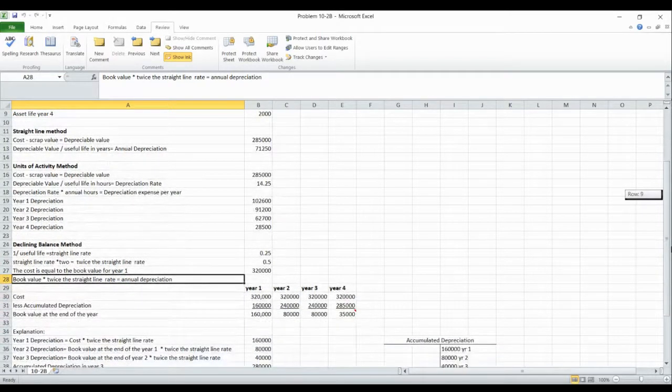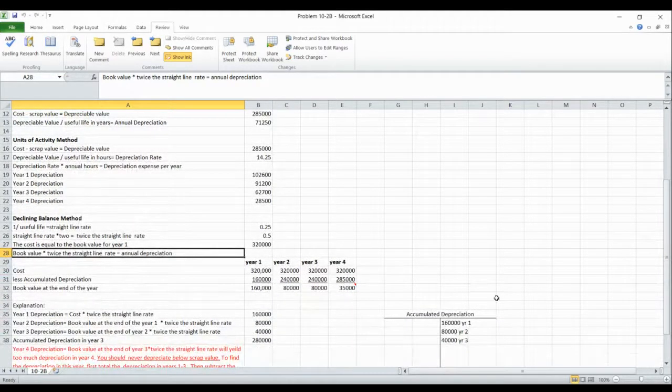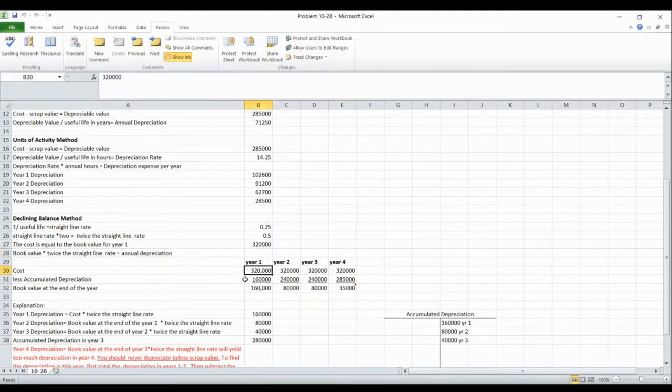So the next part of this spreadsheet, I've set up a little table for you to look at. I've calculated the book value in each one of these years. First of all, the book value is calculated by taking the cost and subtracting the accumulated depreciation for that year.